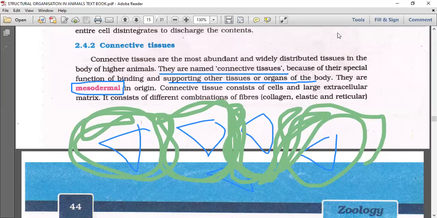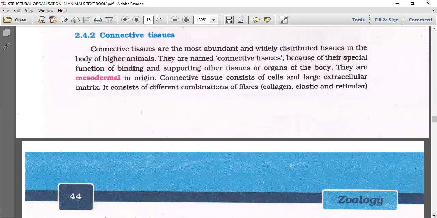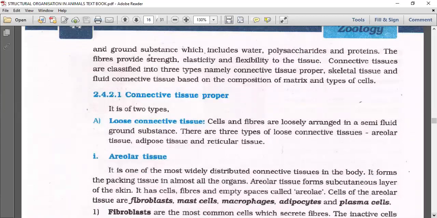It consists of different combinations of fibers like collagen, elastin, and reticular fibers, and ground substance. Ground substance means the substance present between the cells, the extracellular matrix.